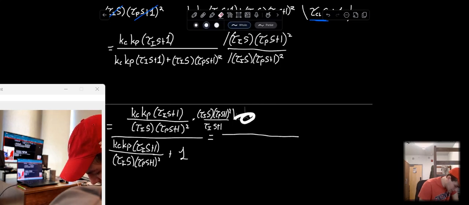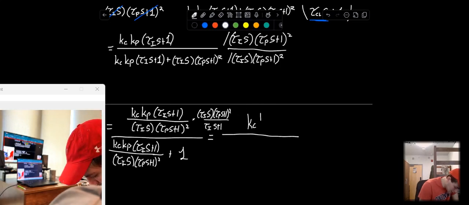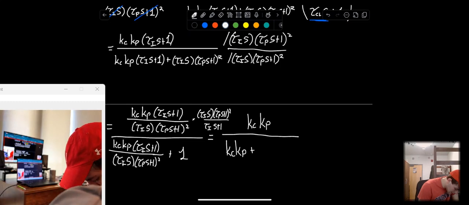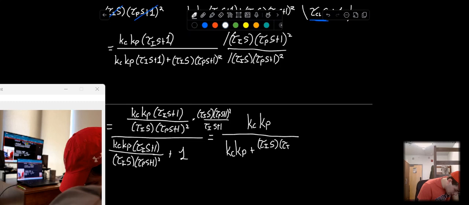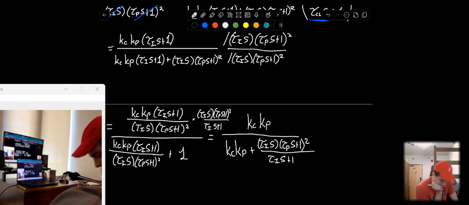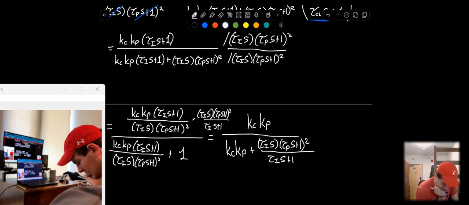And so that'll give us Kc Kp over 1 over Kc Kp plus (tau_p s plus 1) squared over tau_I s plus 1. This should be a tau_p s, right? Okay, so now we're very, very close.